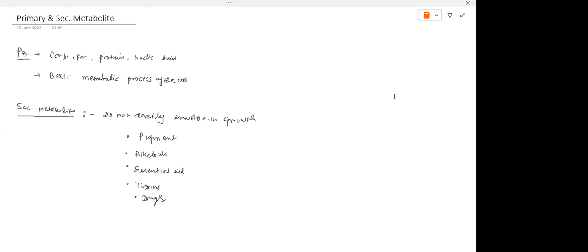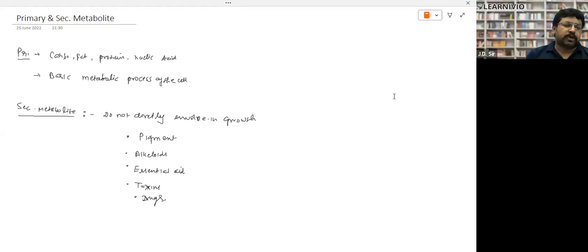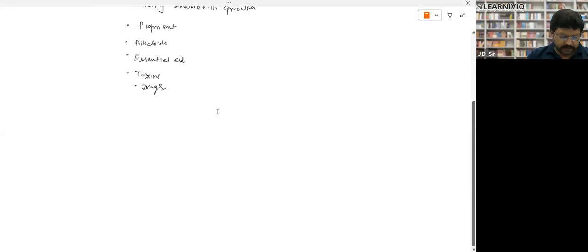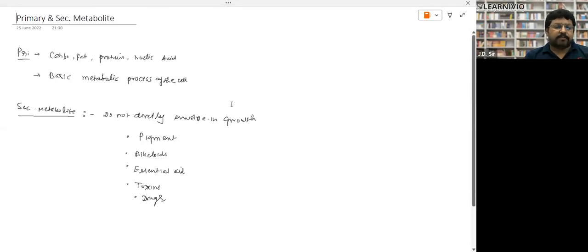First, what are metabolites? There are 2 types of metabolites: primary metabolites and secondary metabolites. Metabolites are basically organic compounds which take part in metabolic reactions. Primary metabolites are those which directly take part in chemical or cellular reactions.